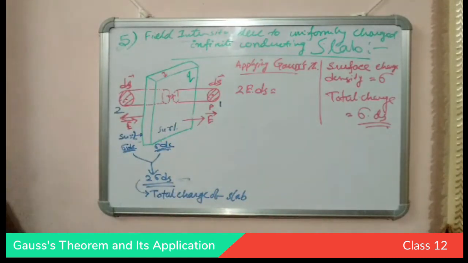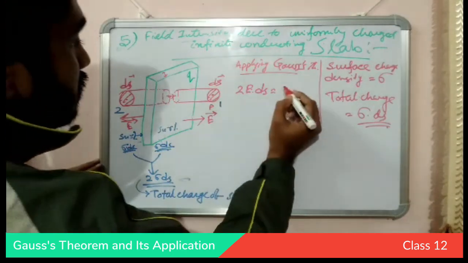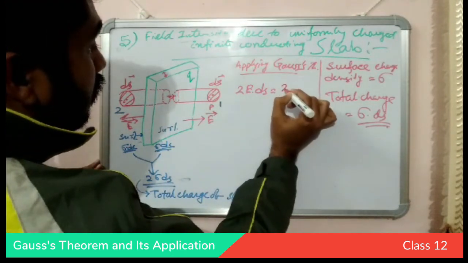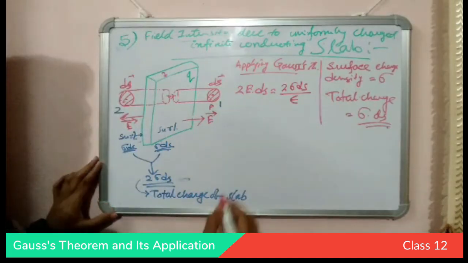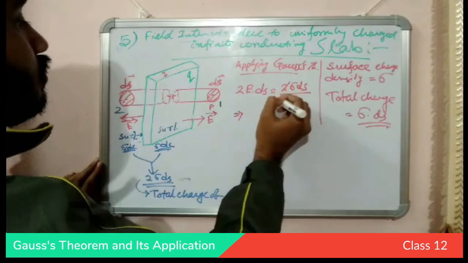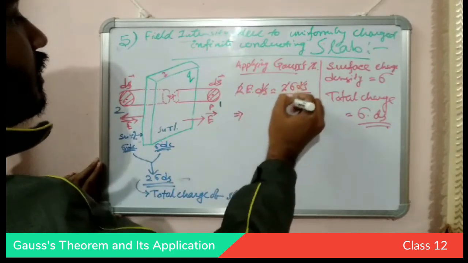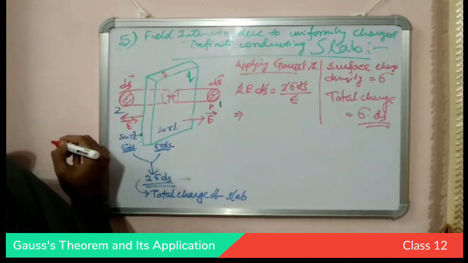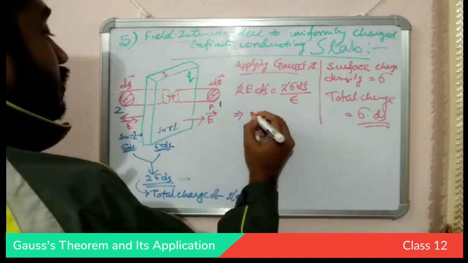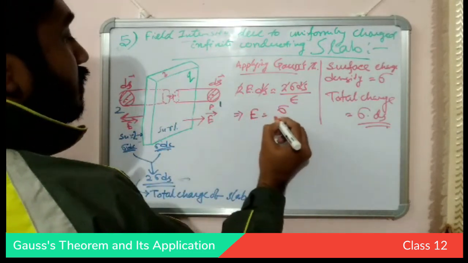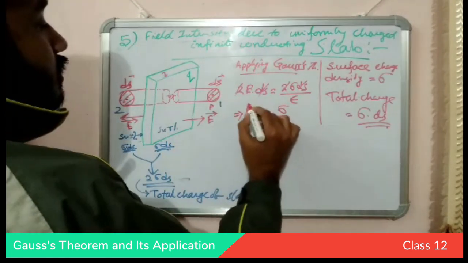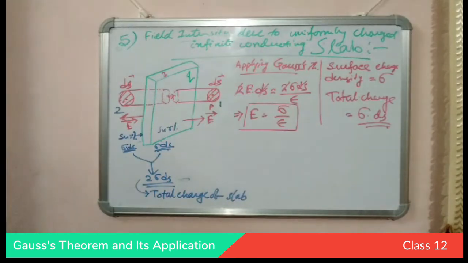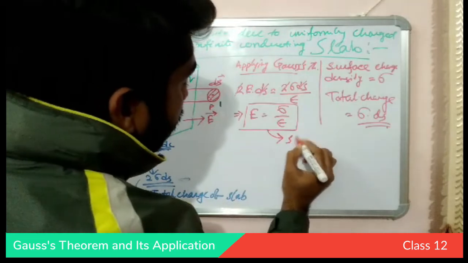So this will become 2 E dot ds is equal to 2 sigma ds by epsilon. So 2 cancels and ds is also cancelled. So E is equal to sigma by epsilon. This is our required electric field. So this is for the slab.